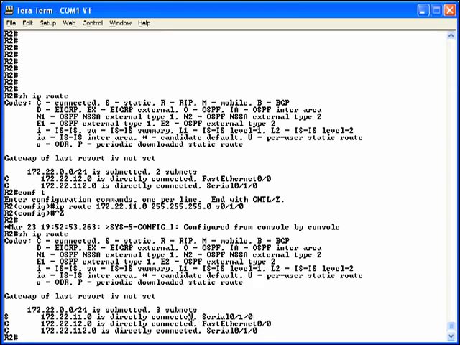It also lists this phrase that says, quote, directly connected. It's a bit of a quirk and a long story, but if you want to know if the route is a static route or not, just key on the code on the left, which of course an S stands for static, and this is indeed the static route added by the IP route command. Now at this point, because there are routes in both directions, PC1 can ping PC2 successfully.